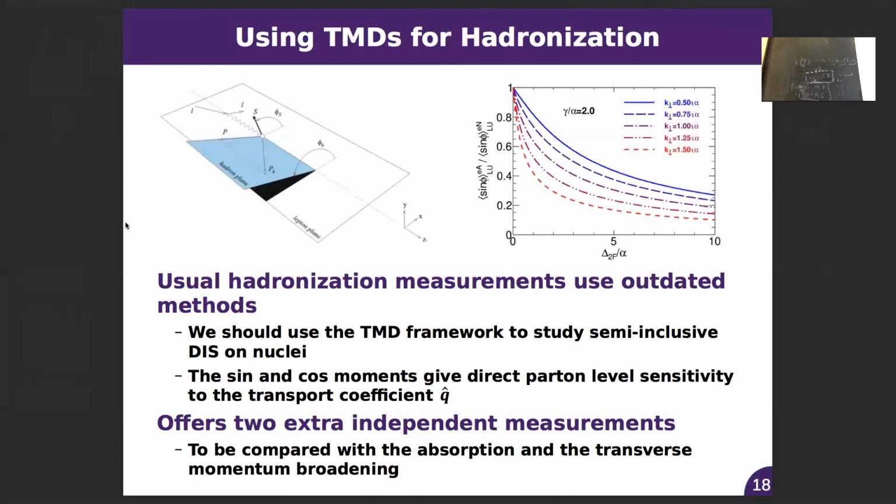And using TMDs would give two extra independent measurements of the transport coefficient. For this transport coefficient that, as he said, is very controversial, at this point you have a factor 10 or more difference between models. In that case, we would have 4 independent measurements of this, so that would be a very nice thing to actually pin down what the transport coefficient is.